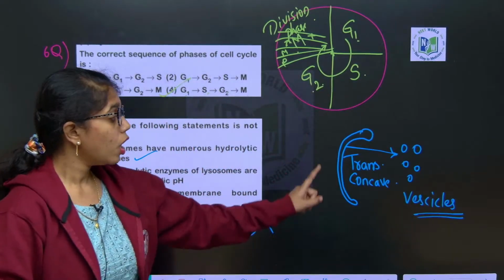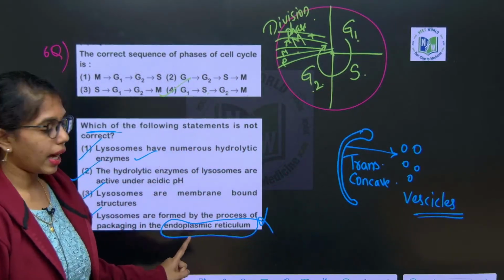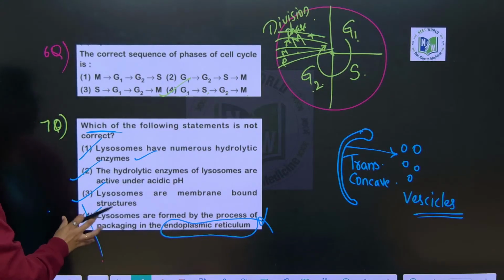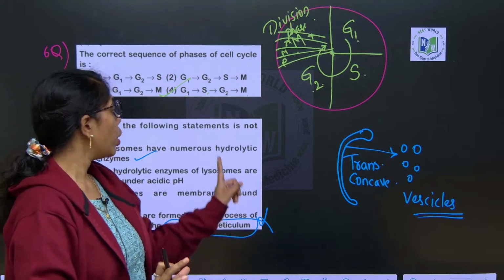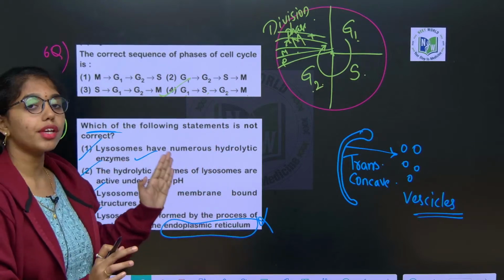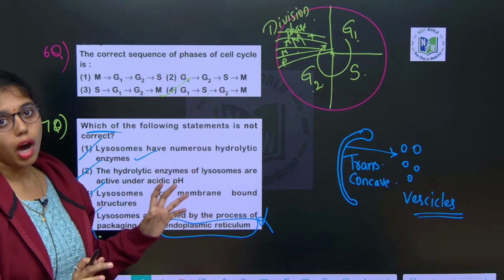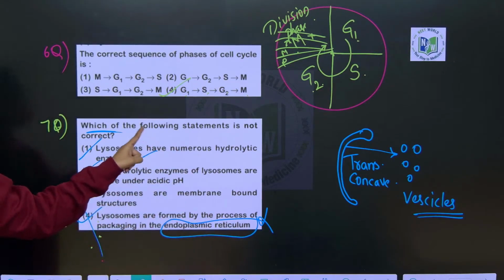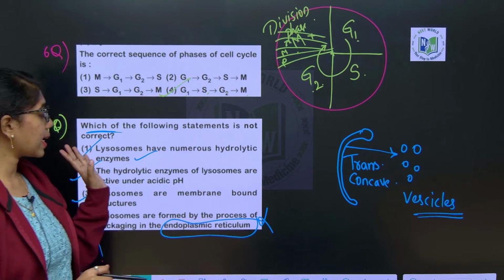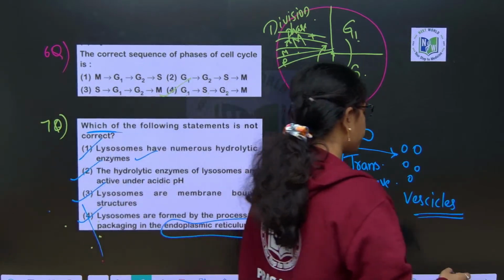Okay, it is from Golgi bodies, not from ER. So, statement 4 is the wrong statement. Whenever a statement based question is given to you, you have to look into whether he is asking you to choose the correct statement or the incorrect statement. Just don't rush into choosing the option without reading the question properly. That is the kind reminder I give to all.